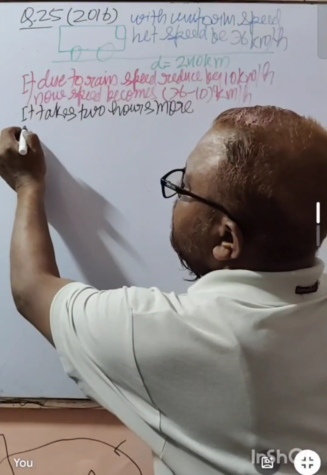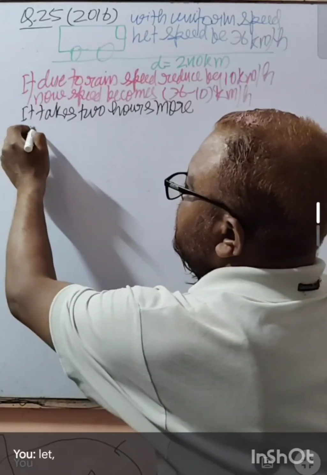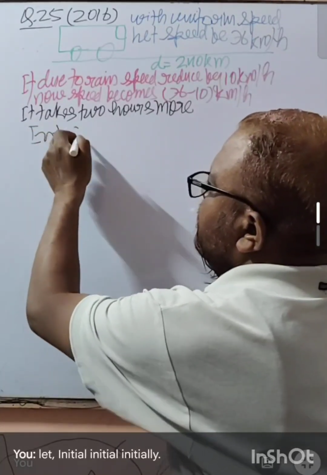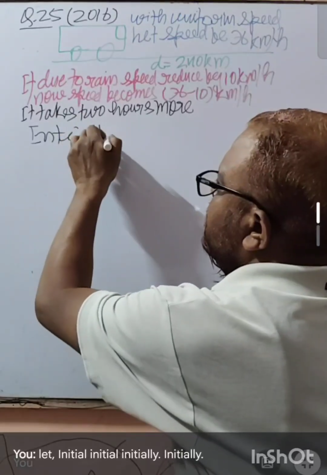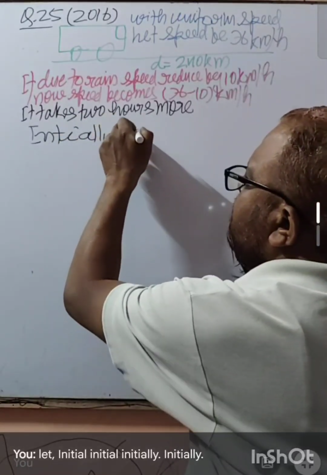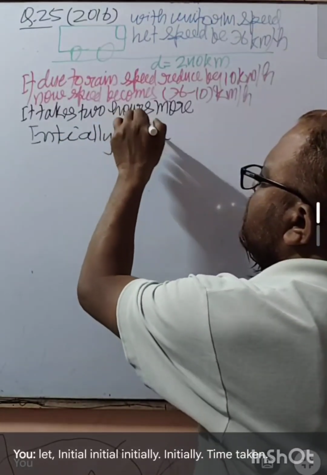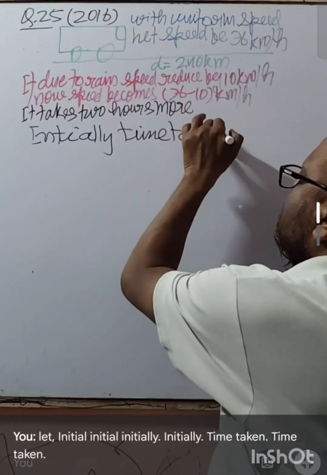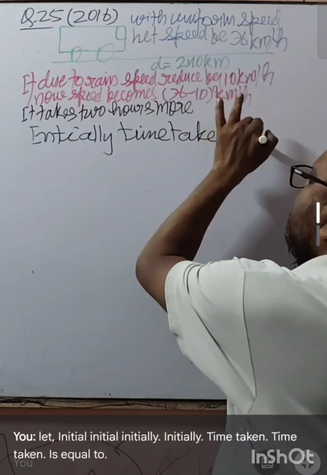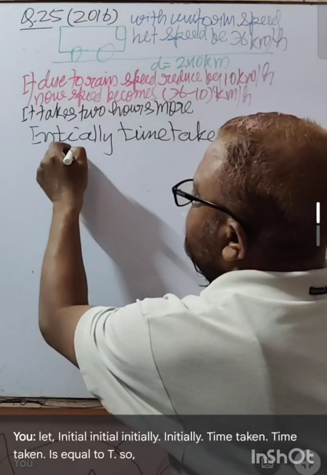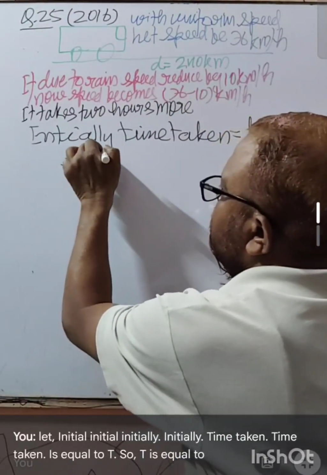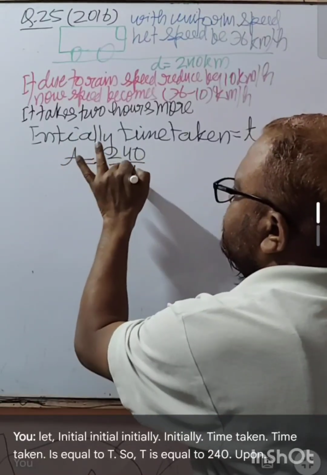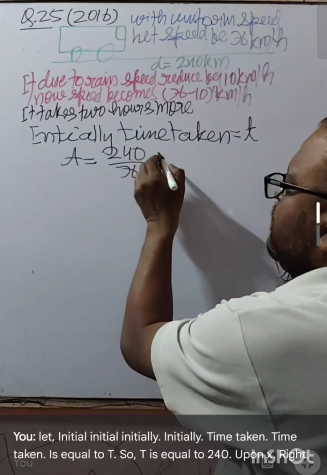Let initially time taken be t. So t is equal to 240 upon x, right?